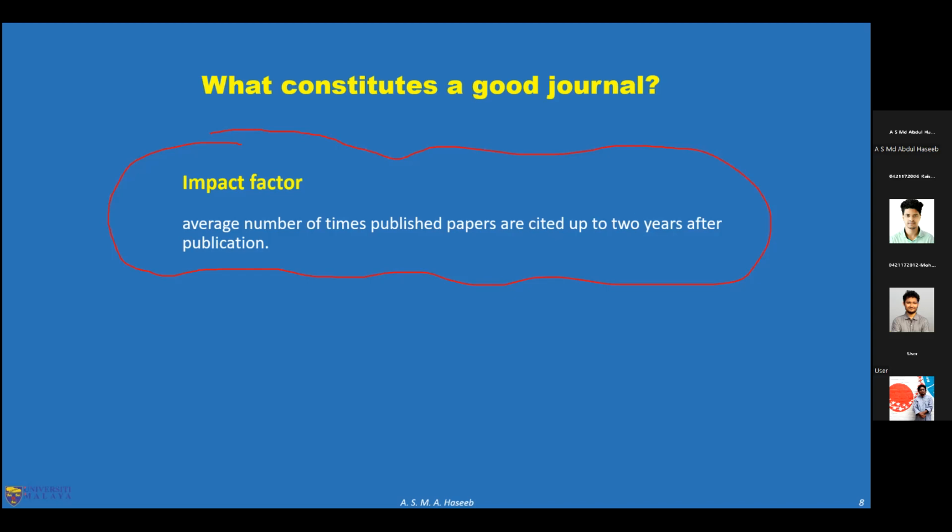For instance, the journals published by IMECI or IEEE or TMS. So those journals are usually of high ranking or considered to be good journals, although the impact factor may not necessarily be very high.